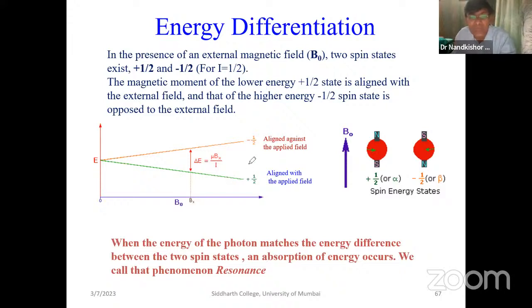It exactly matches the radio frequency. That's why we select radio frequency as the source in proton magnetic resonance. Here, because we use light, this is a spectroscopy technique. With the help of light, we identify something, that means structural information about the molecule. So this is what we call spectroscopy: with the help of light, we are getting some information.